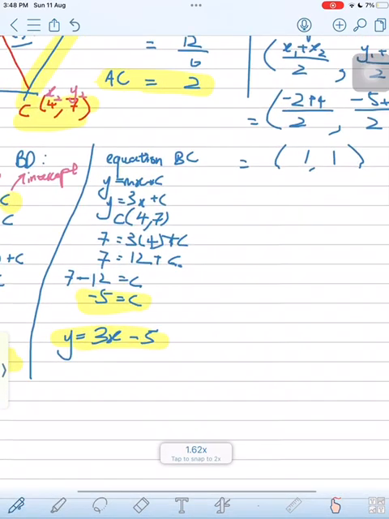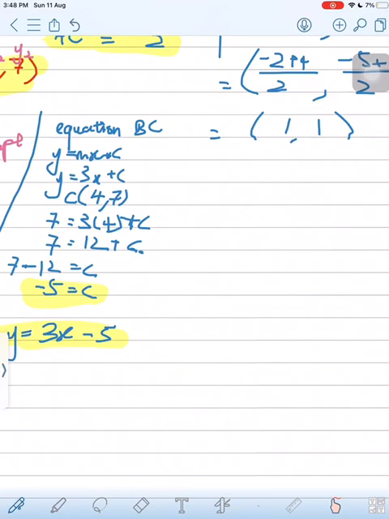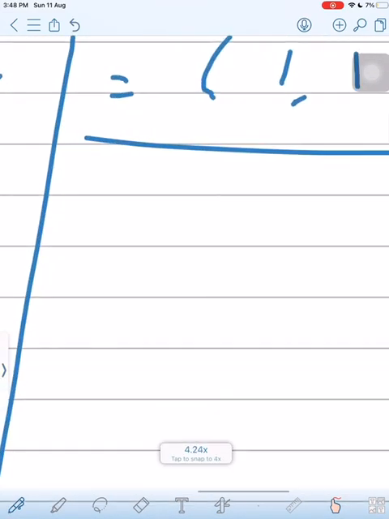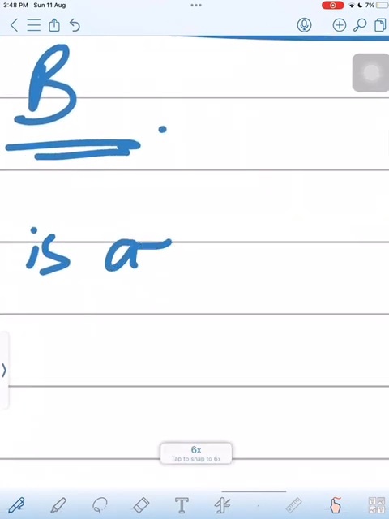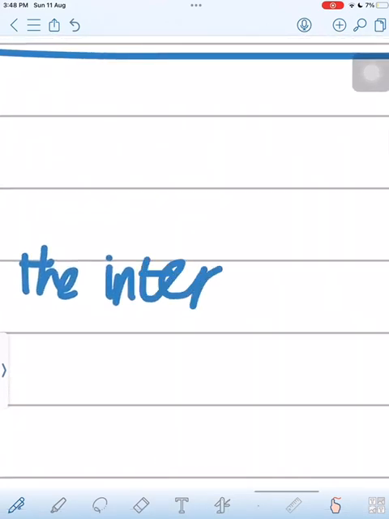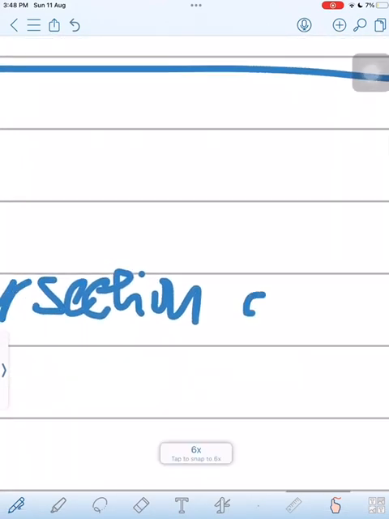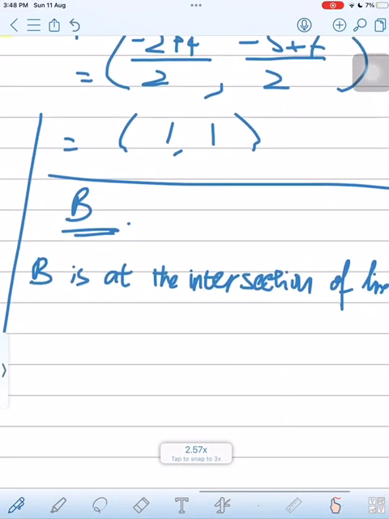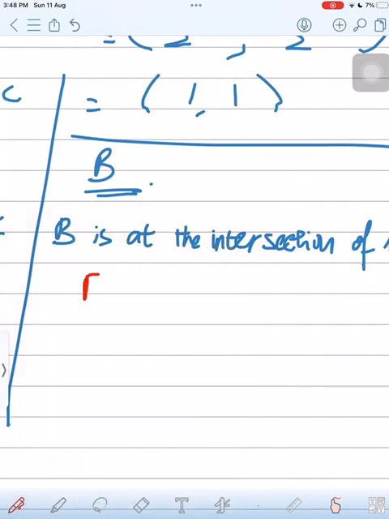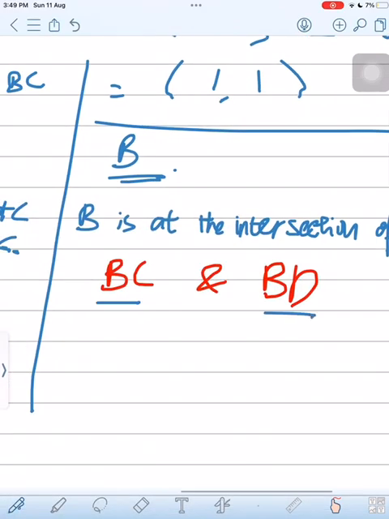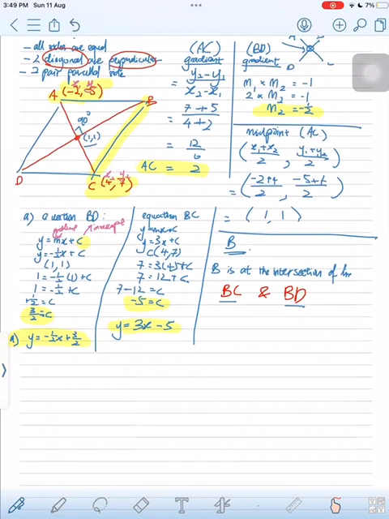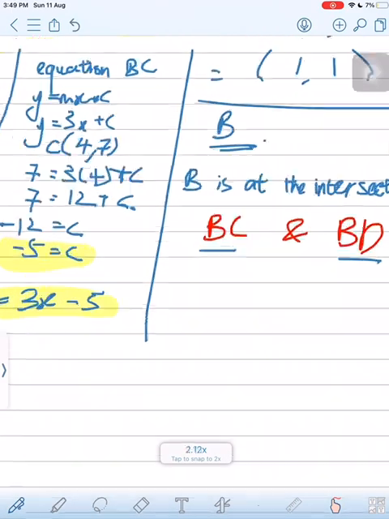Then we are straight away going to look for B. B is at the intersection of the lines BC and BD. If you can see, BC is there and BD is also there.